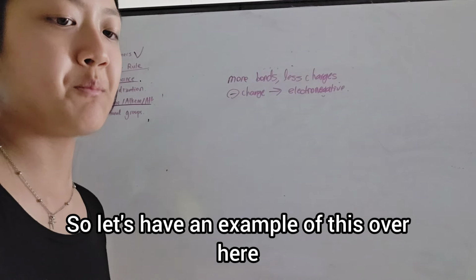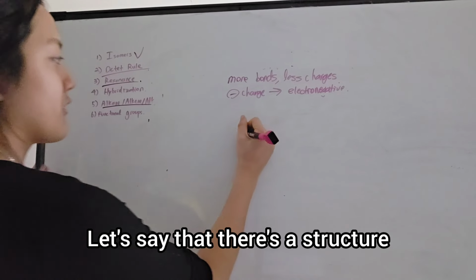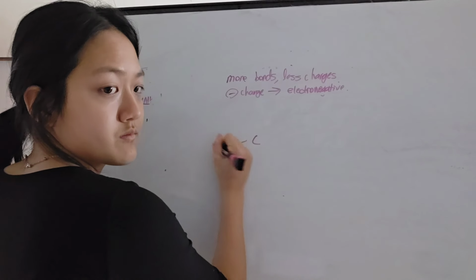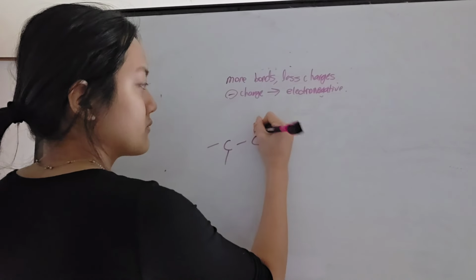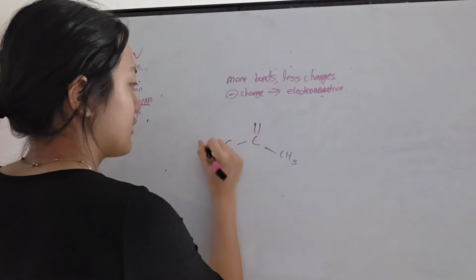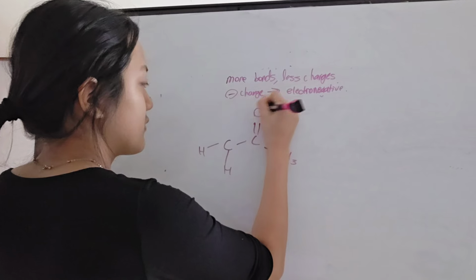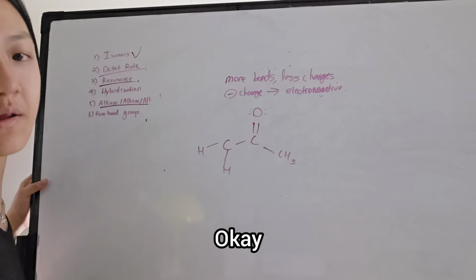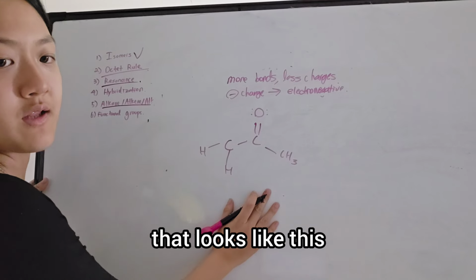So let's have an example of this over here. Let's say that there's a structure that looks like this. Okay, let's say there's a structure that looks like this.